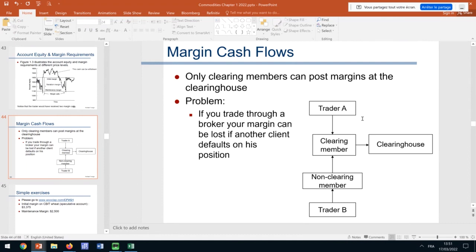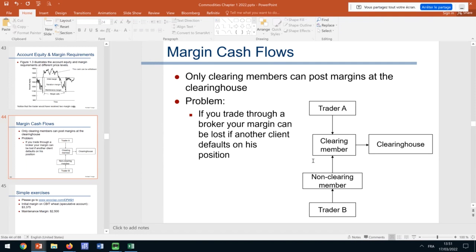Now which means what? It means that you as a trader will deposit your margin with the broker, and the broker will then invest it in the clearinghouse. Now the problem is that if some crazy guy used your broker and lost tons of money, the margin call will go from the clearinghouse to the broker.